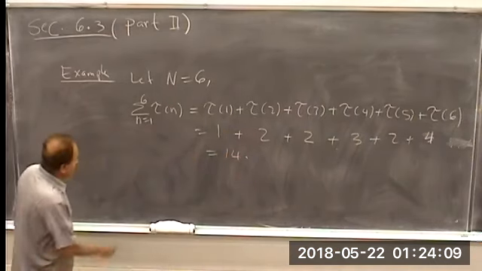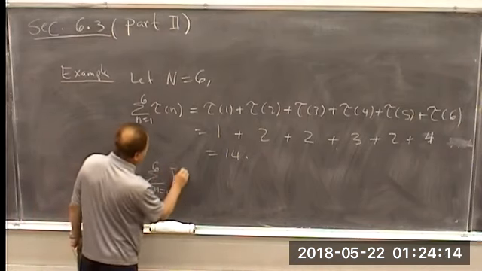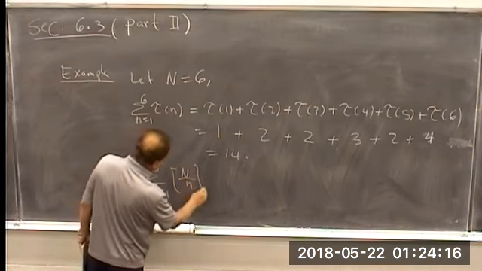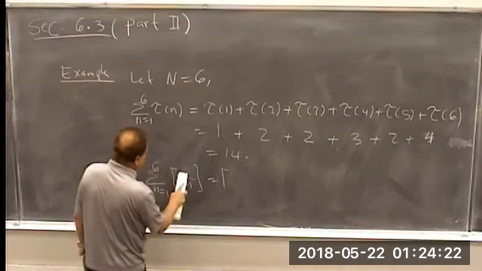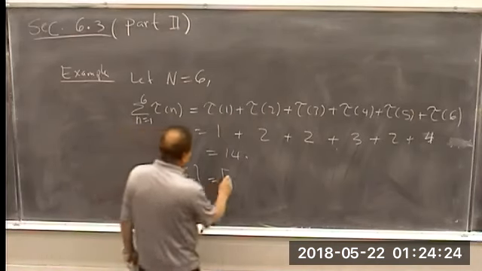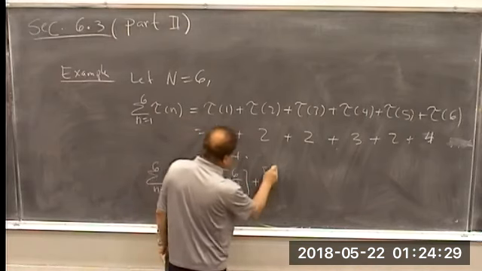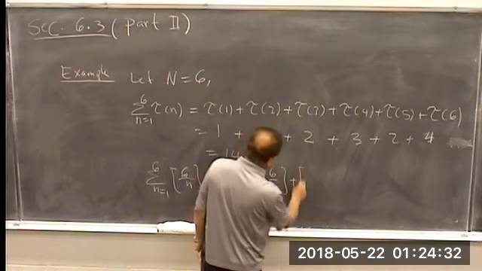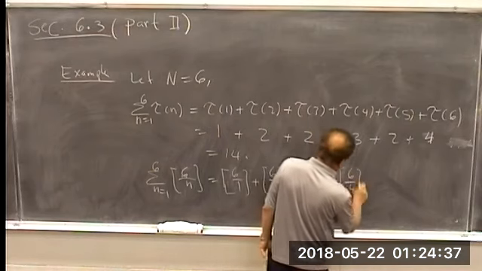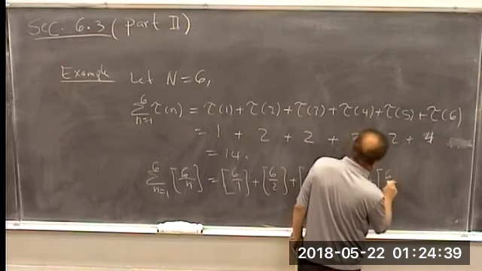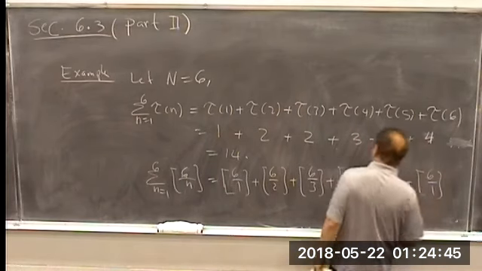Now let's look at the summation n equal 1 to 6 of 6 over n. So this is 6 over 1 plus 6 over 2, 6 over 3, 6 over 4, plus 6 over 5, plus 6 over 6.